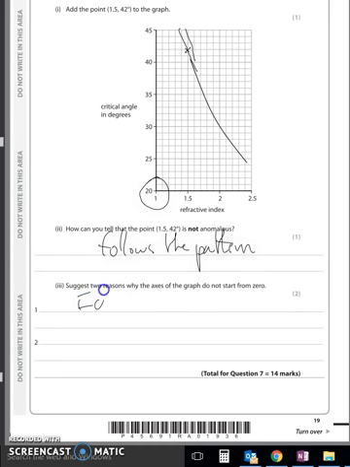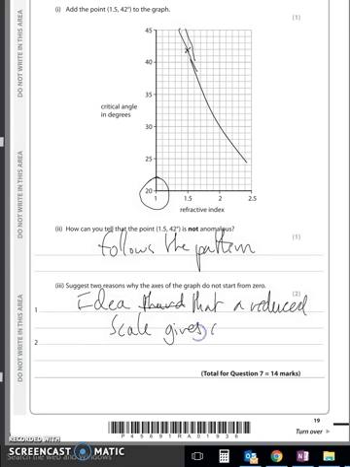They're looking for the idea that a reduced scale gives a better use of the grid, a fuller grid. We'd use more of the graph paper. Remember, every time we ask you to hand in a graph, it's always going to be over half the paper. So this one, we're using as much of the paper as possible.